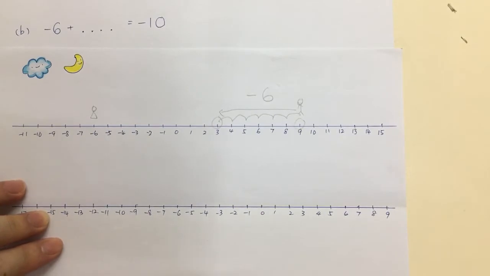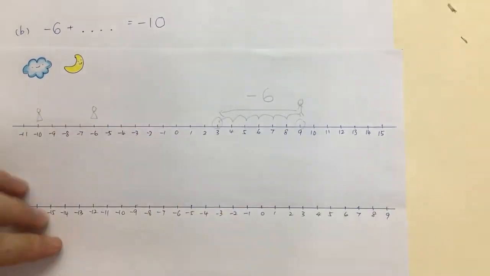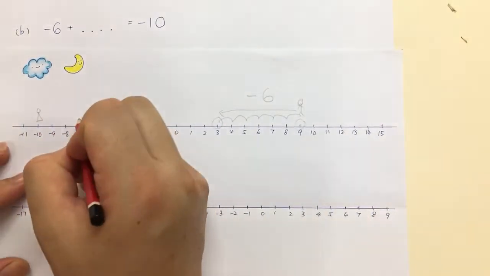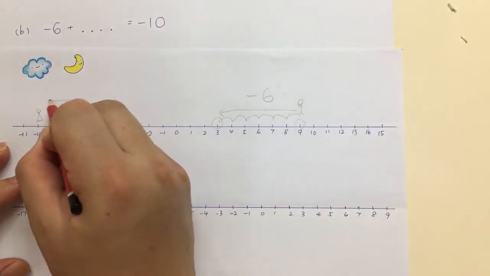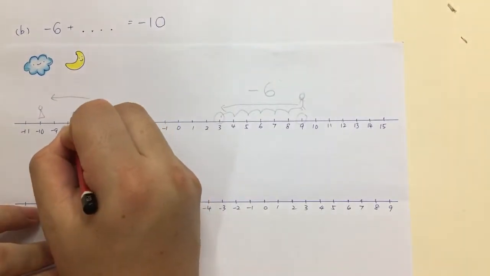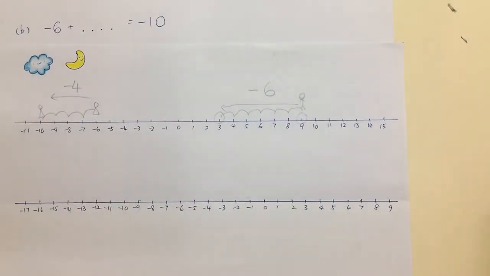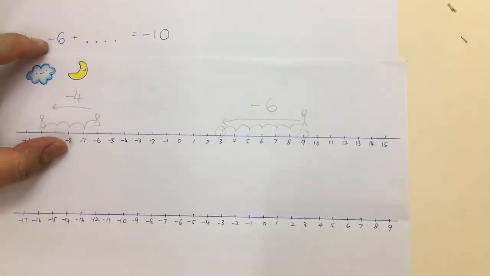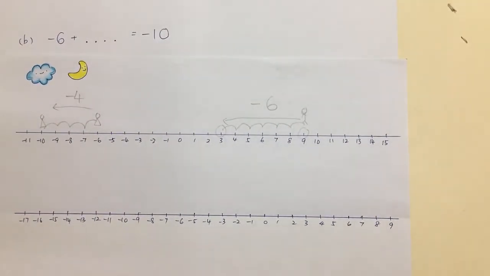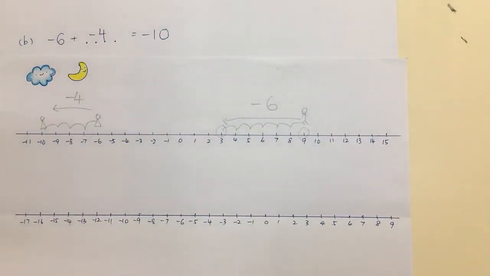She needs to move to 10, which is here. So also this is a left direction, and then we need to count how many steps. 1, 2, 3, 4. So it's negative 4. That means the person is standing at basement 6. Now she needs to move down another 4 floors so that she can reach basement 10. Negative 10.